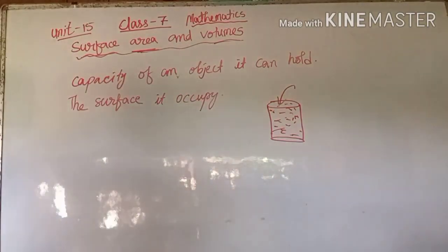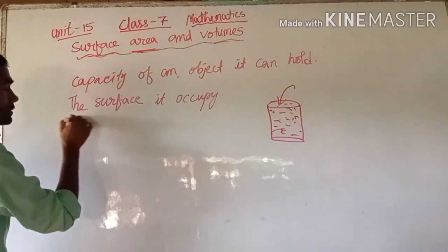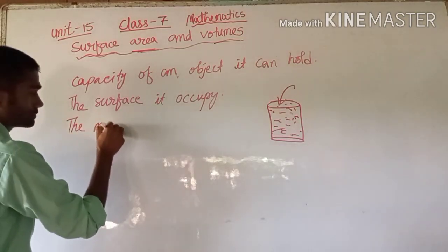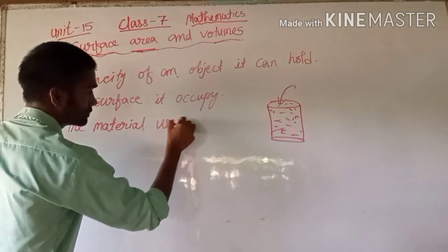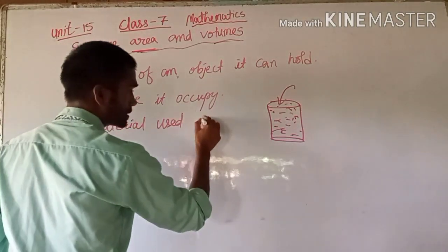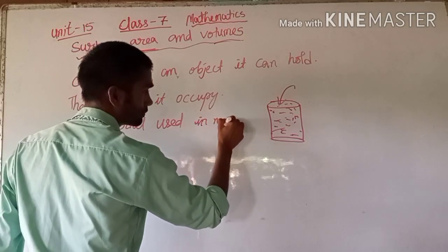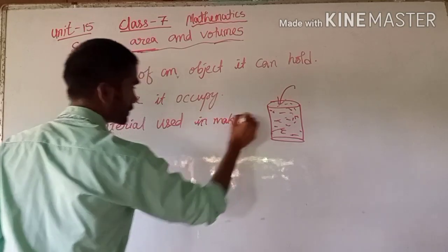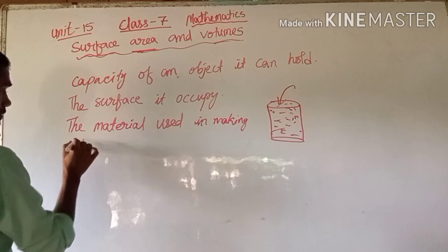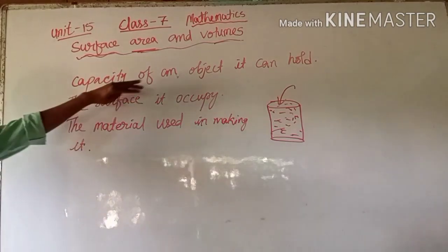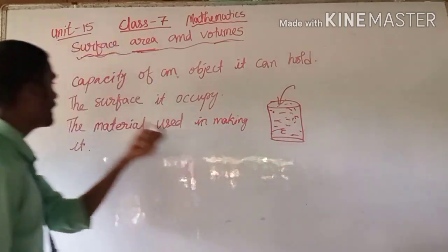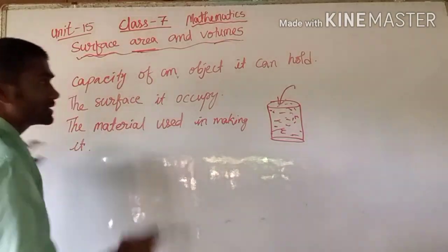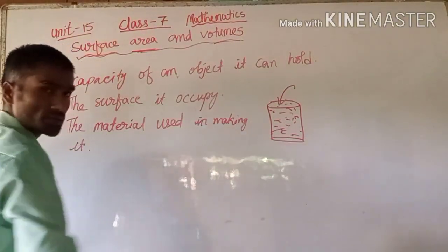And the third thing is the material used in making it. So the capacity of an object, that means the amount of water it can hold, and the surface it can occupy. This board occupies this much surface.